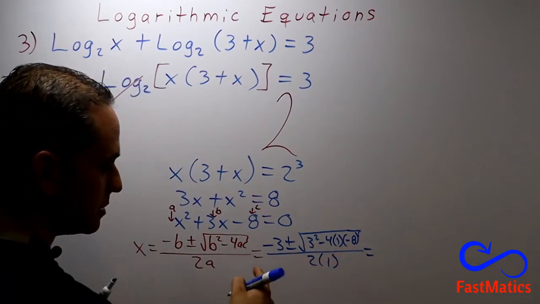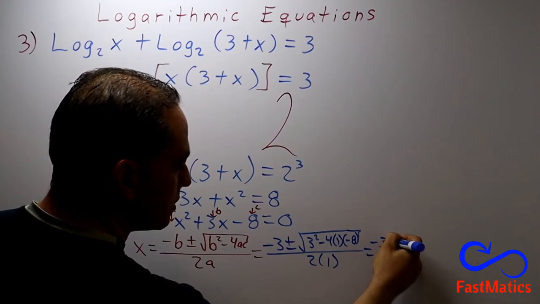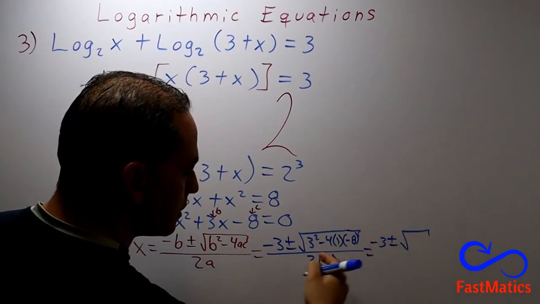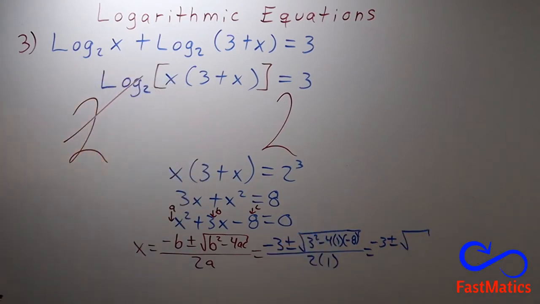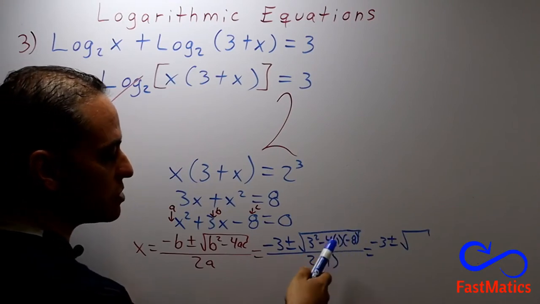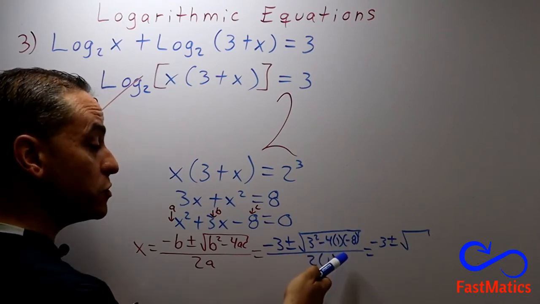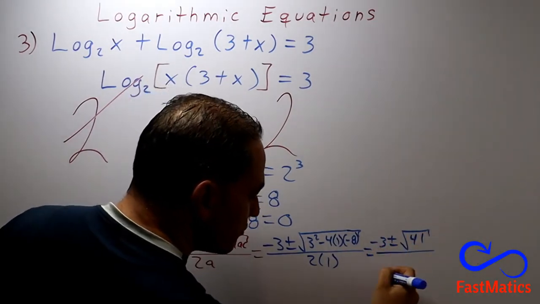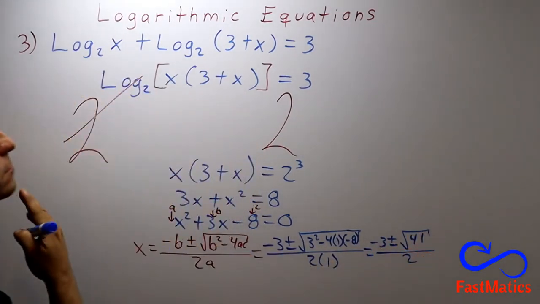After that, negative 3, positive negative, the square root of 3 squared is 9. And negative 4 times 1 times negative 8 is plus 32. Plus 32 plus 9 is plus 41. And everything divided by 2 times 1 is 2.